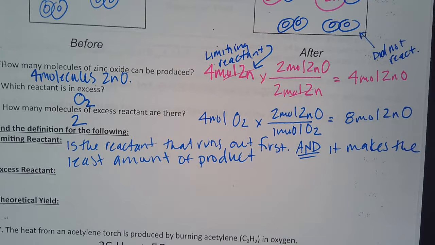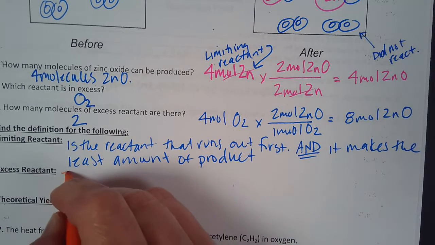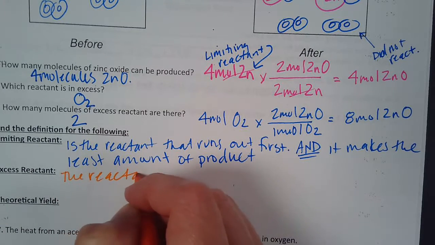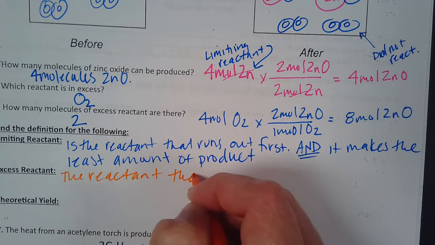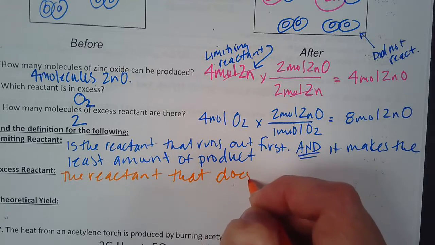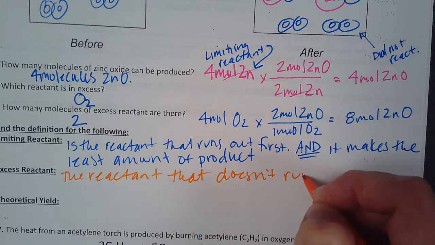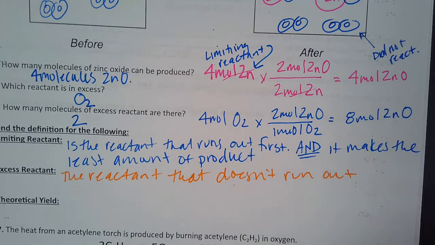Okay. Let's do excess reactant. So if limiting is the one that runs out first and it makes the least amount of product, what's the excess reactant? It doesn't run out, it's left over. The reactant that doesn't run out. And how will we know based on the product for this one?